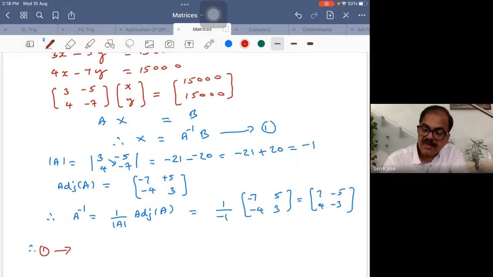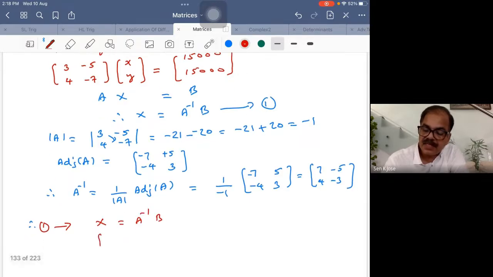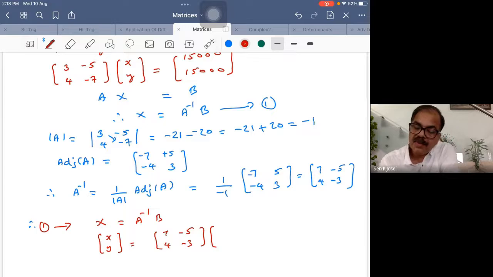Equation number 1 becomes X is equal to A inverse into B. X means x and y. So equal to A inverse, [7, -5; 4, -3], into B, the right hand side matrix, which is [15,000; 15,000]. Multiply, get the answer.